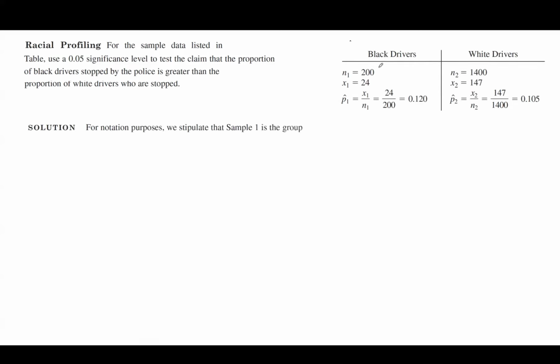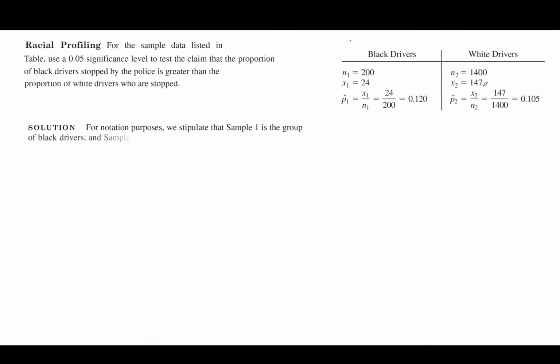We take a sample of 200 of them, and the number of people who were stopped by police is 24. In the second category, we have white drivers. We get a sample of 1,400 of them, and it turns out 147 of them are stopped by police.